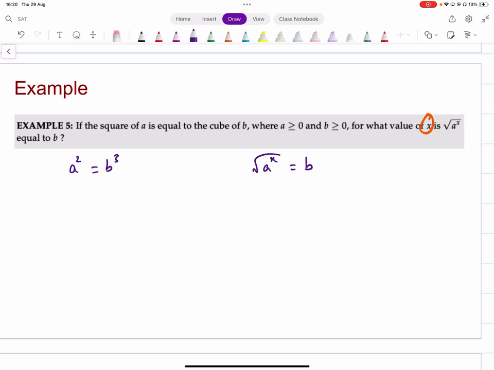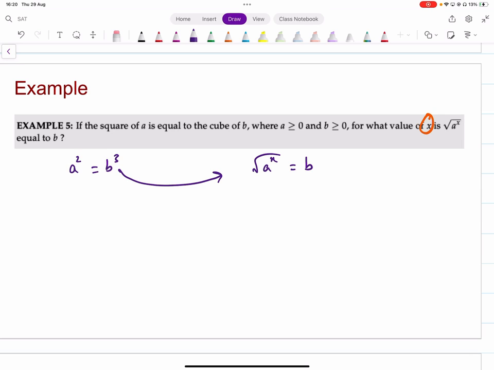How many unknowns do we have? 3 unknowns, a, b, x. How many equations do we have? 2 equations. We are not going to be successful if we try to solve them somehow, because 3 unknowns, 2 equations, that doesn't work. Can you somehow go from this form to this form?